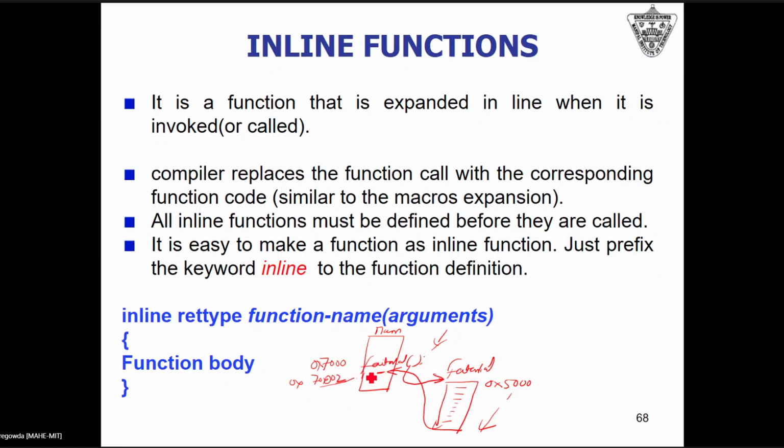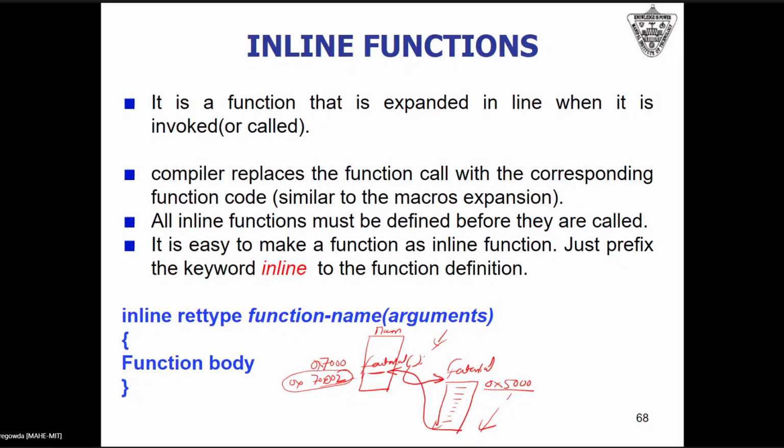For that, the compiler is going to make a stack. Whenever it executes a function call statement, the compiler is going to store the address of the next statement onto the stack. After storing the return address onto the stack, the compiler is going to execute the statements which are stored starting from 5000 onwards.